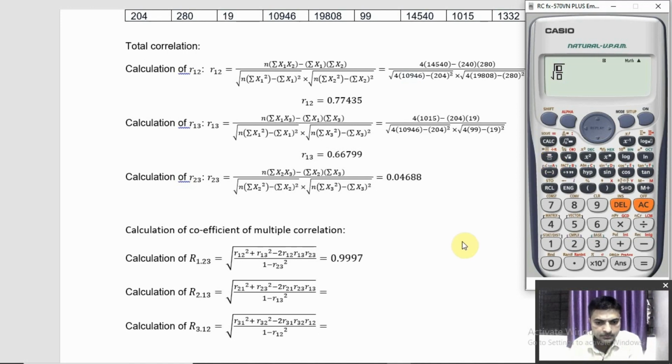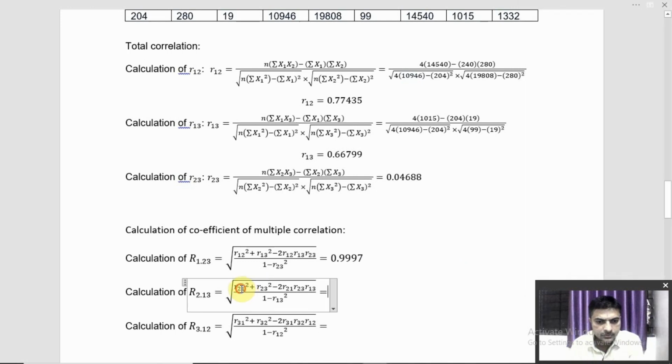R21 or R12, it is the same. Please remember this, students. They are the same values.